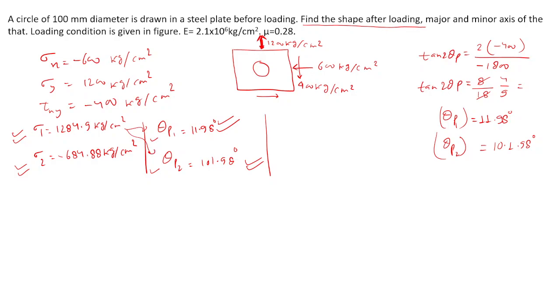Sir, the first one is for major, the second for minor. How? Just try to put it in the formula. What is the formula for sigma at any theta?